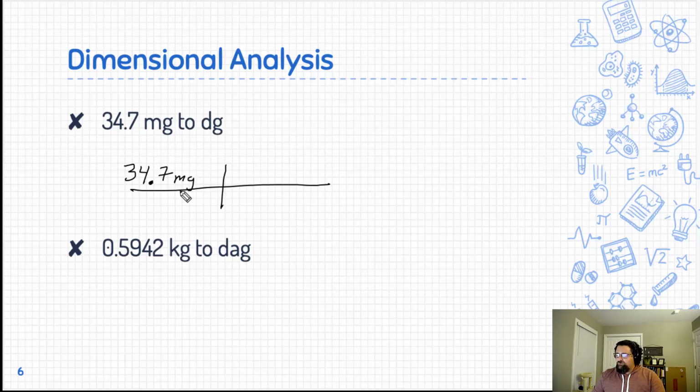Now, whatever unit is top left, in this case milligrams, and you're going to hear me say this a lot during dimensional analysis, whatever unit is top left also has to go bottom right. So if we're in milligrams on the top left, we need to be in milligrams on the bottom right.